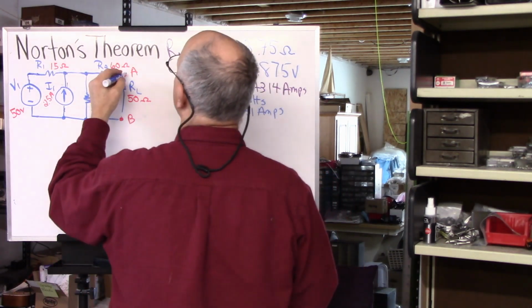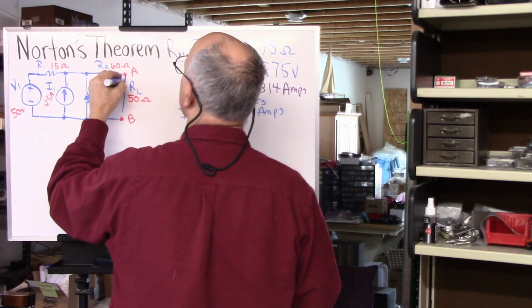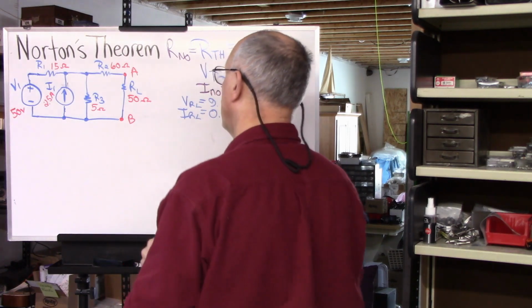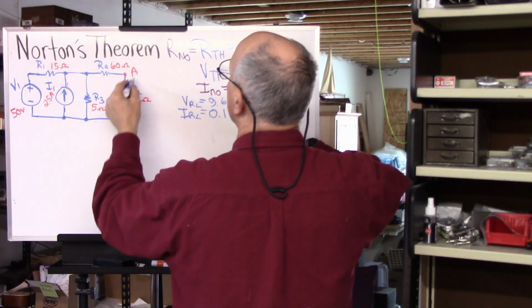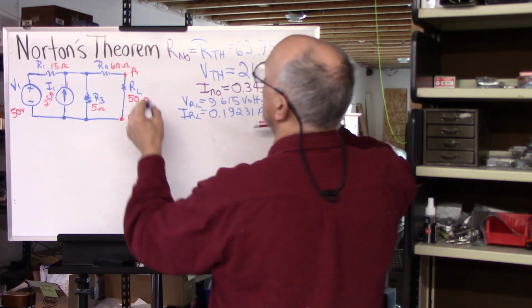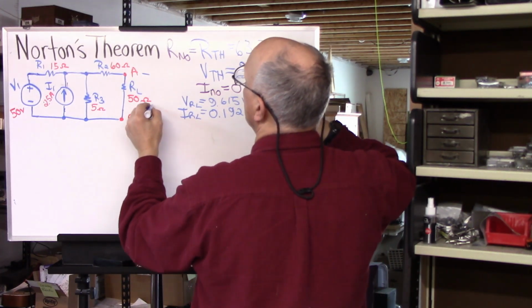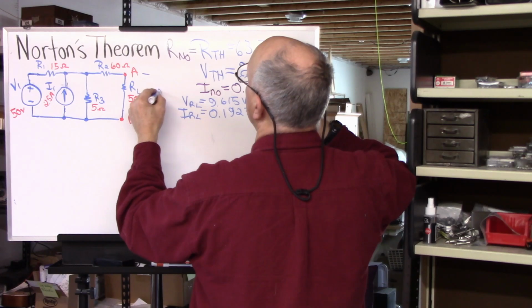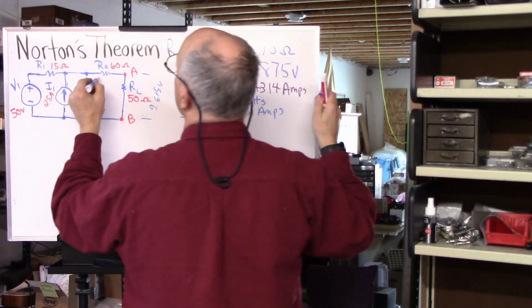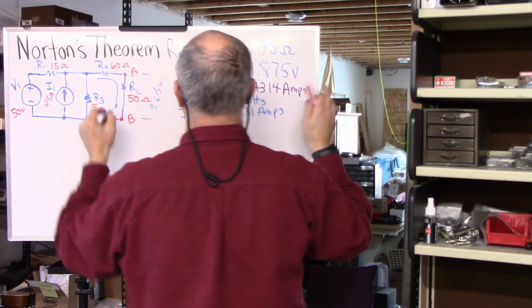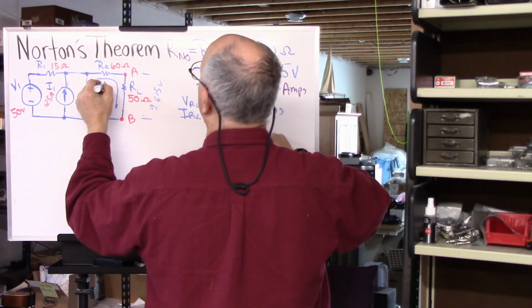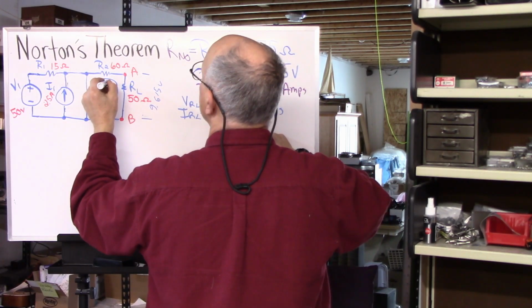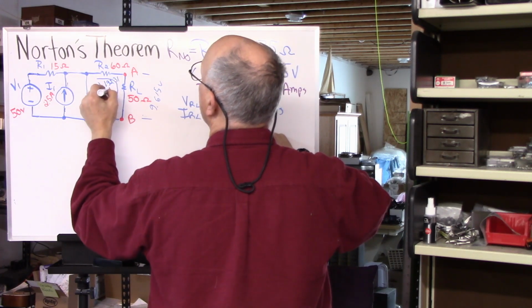So that means we reconnect this. The voltage across here from A to B is the 9.615 volts. The current going through here is 0.19231 amps.